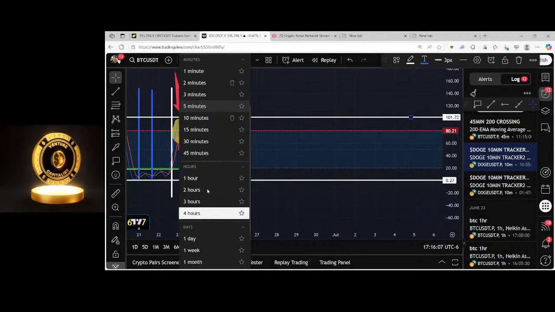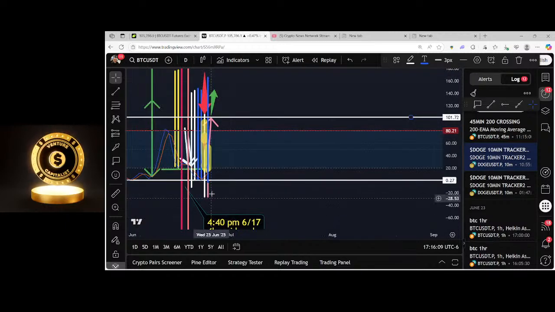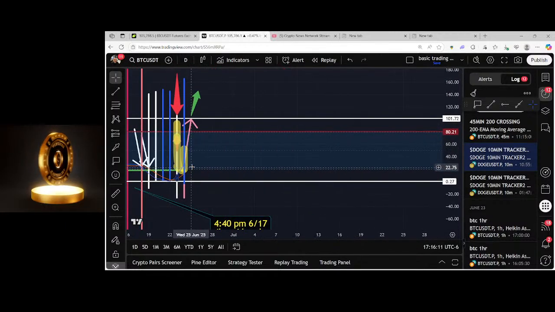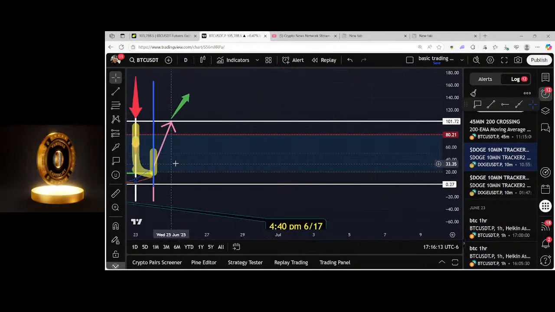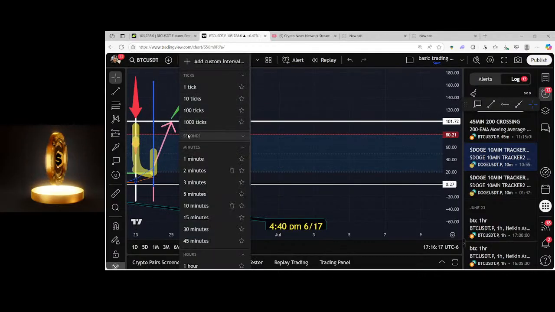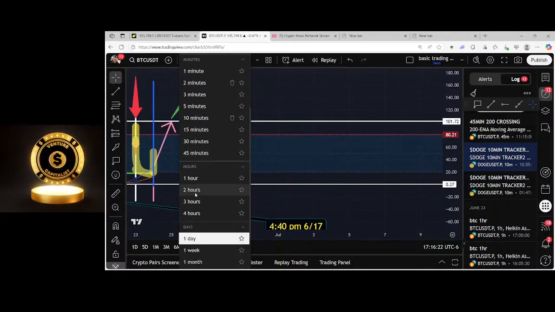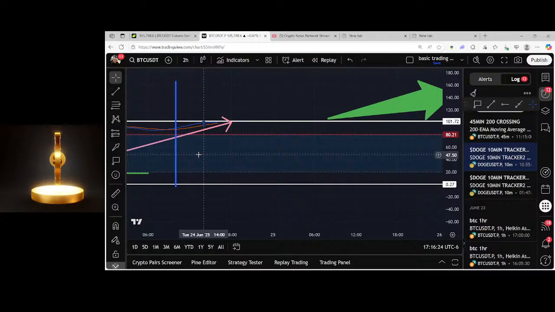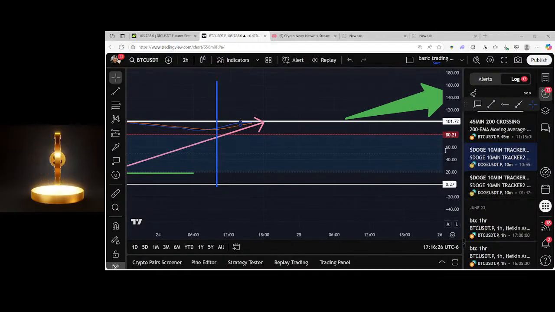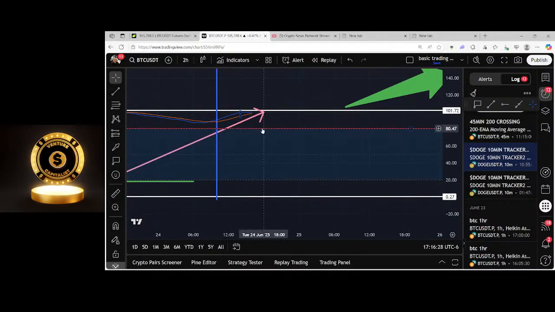Now, the good thing for Bitcoin is the daily is showing that the momentum overall in the Bitcoin market is starting to push up. But that's a 7-day trade. That could be a 14-day trade, right? So this is where understanding your volume and what you're trading matters. Right now, look at the 2 hours starting to come down.